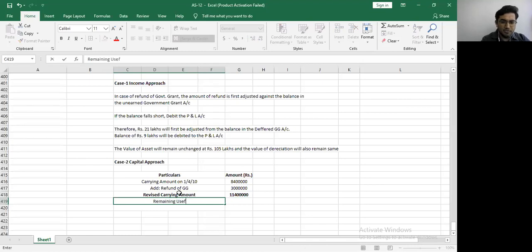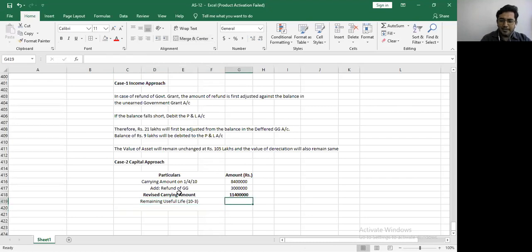What's your remaining useful life? क्वेश्चन में देखिए 10 इयर्स थे, कितने साल बीत गए? वेरी इंपॉर्टेंट। 7-8 को हमने असेट लिया था, तो 7-8, 8-9, 9-10, 3 साल बीत गए. So how much is my remaining useful life? 7 years.